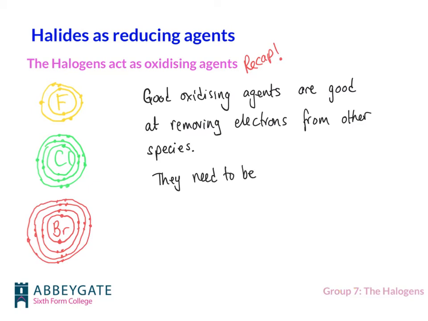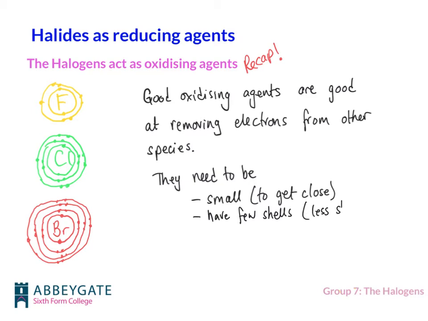But as we go down the group, the atoms get bigger, and therefore the electrons that we're trying to attract are going to be further away from the nucleus, so there's going to be less pull, and there's also going to be many more shells as we go down the group, so there's going to be more shielding and less of a pull from the nucleus on any electrons it's pulling towards it.